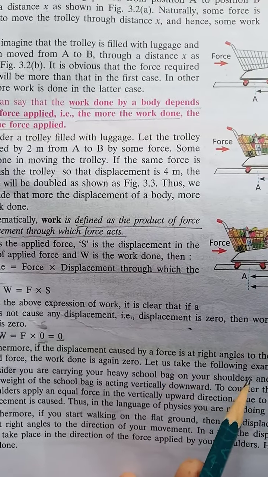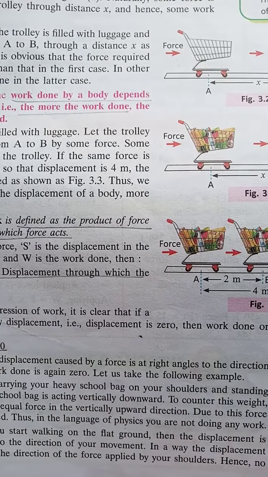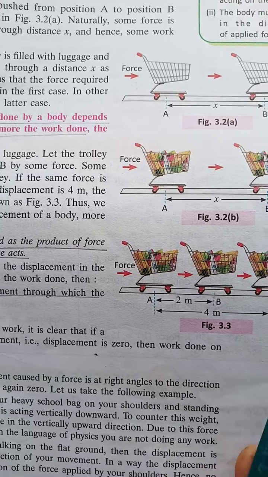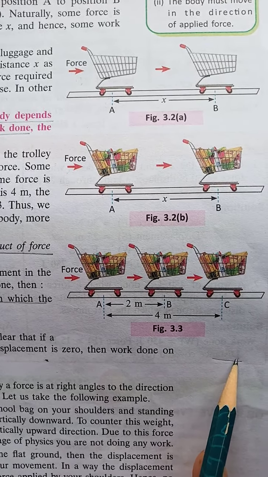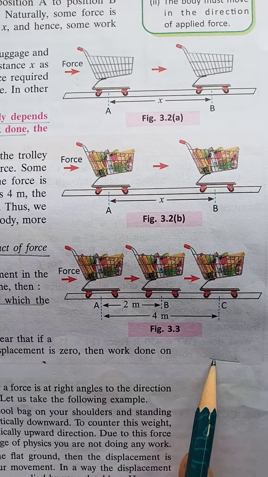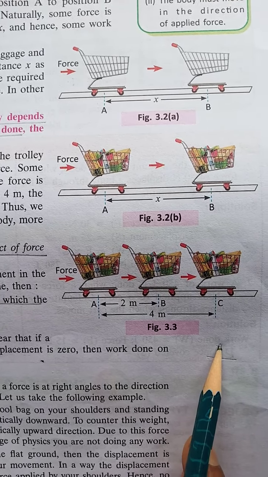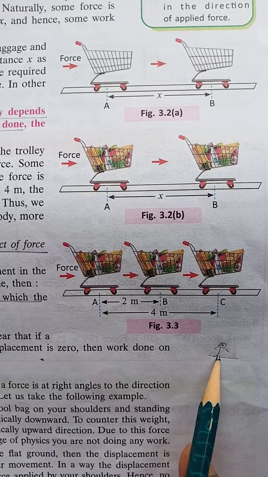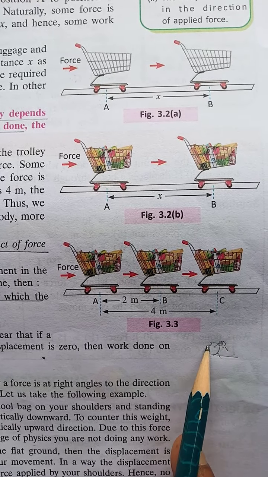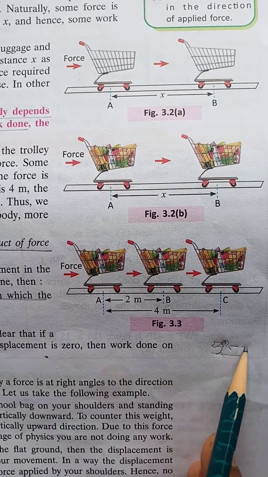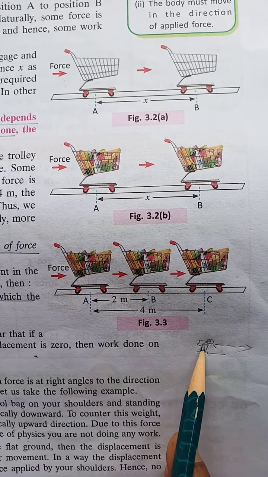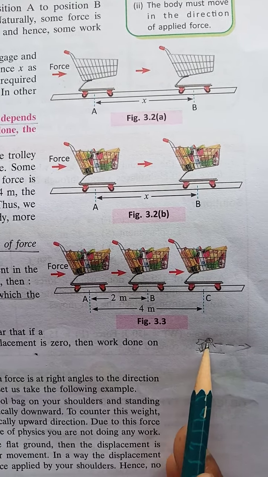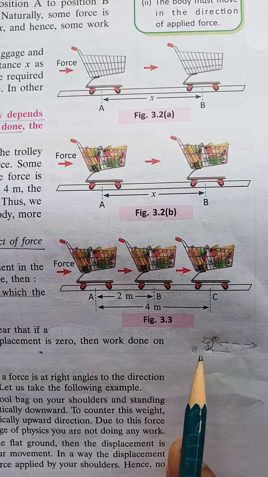Let us take the following examples. Suppose you are applying force in this direction. For example, you are going to school with a luggage bag. That bag is on your back and you are going in the forward direction. Then this bag is pulled towards the earth's surface because of the gravitational force.